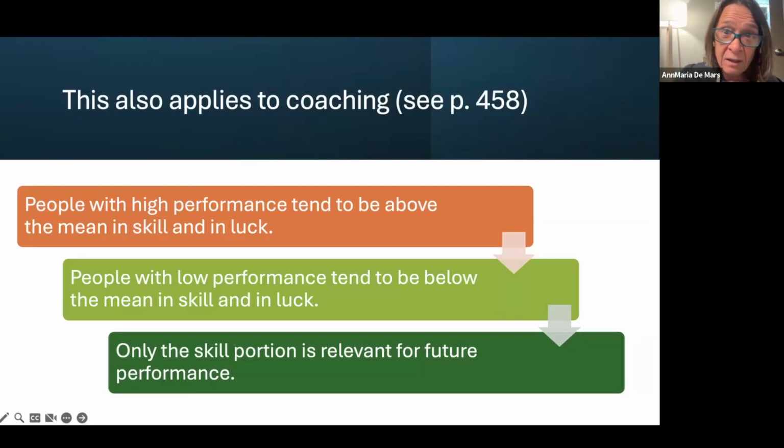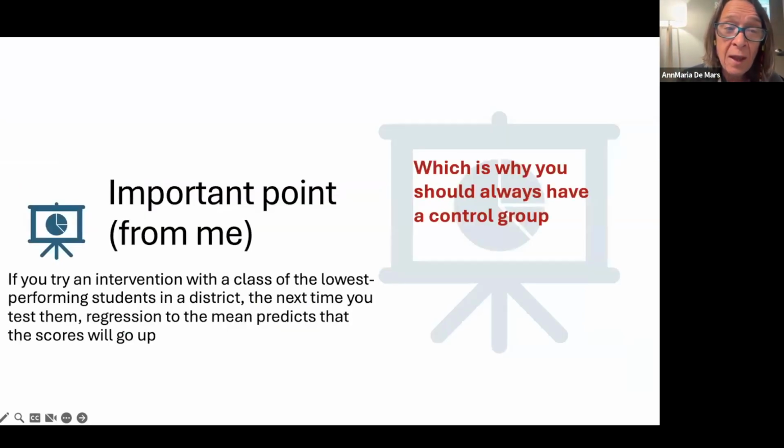And let's go back here where I said you should have a control group. If you have an intervention with the class of the lowest performing students, even if you have a control group, you would presume that the lowest performing students did the worst on the test just because of bad luck.